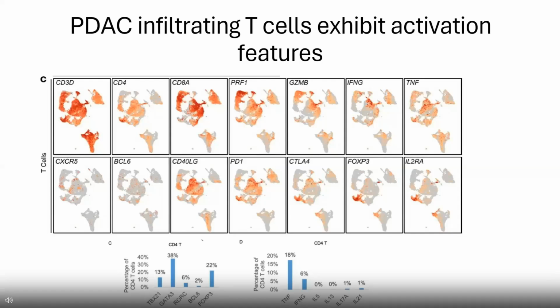We're also particularly interested to see whether we can see some T follicular helper T cells, which present markers such as CXCR5 and BCL6, and also some CD40 ligand on the CD4 population. The population generally is pretty low. Another thing I forgot to mention: in this T cell population, we do see the presence of immunosuppressive markers such as PD-1, CTLA-4, and also regulatory CD4 T cells, FOXP3-positive CD4 T cells.